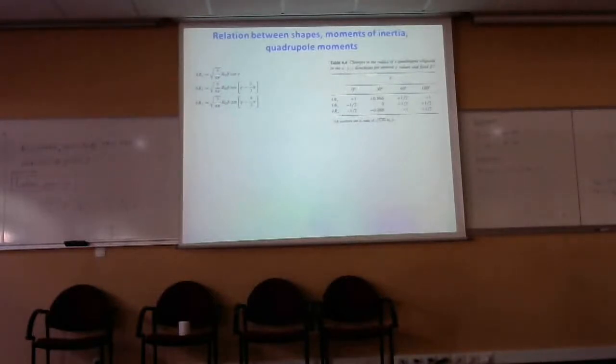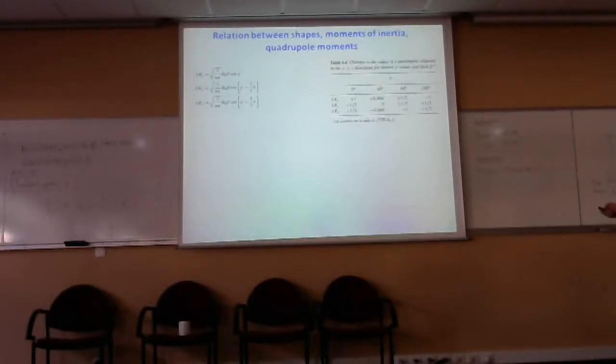Gamma equals 0 is always an axially symmetric prolate American football type nucleus. I'm using a convention where 0 is prolate, 60 is oblate, and 30 is the most axially asymmetric.